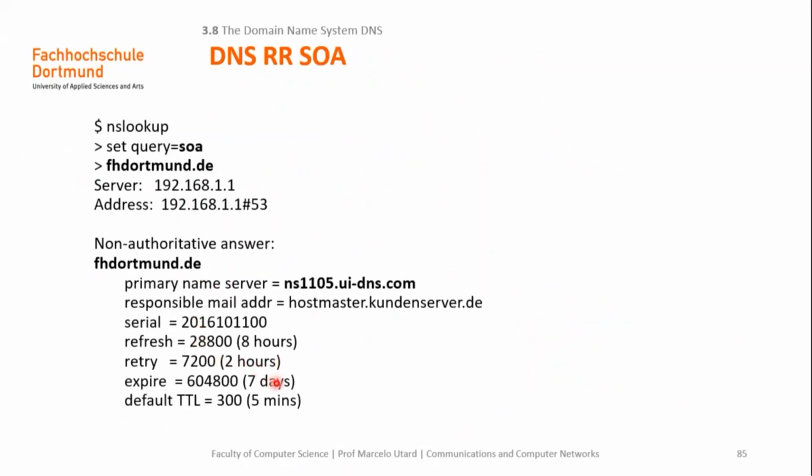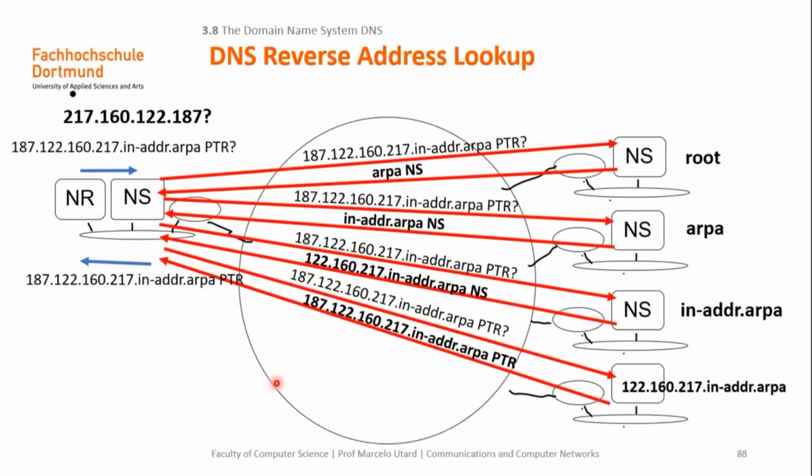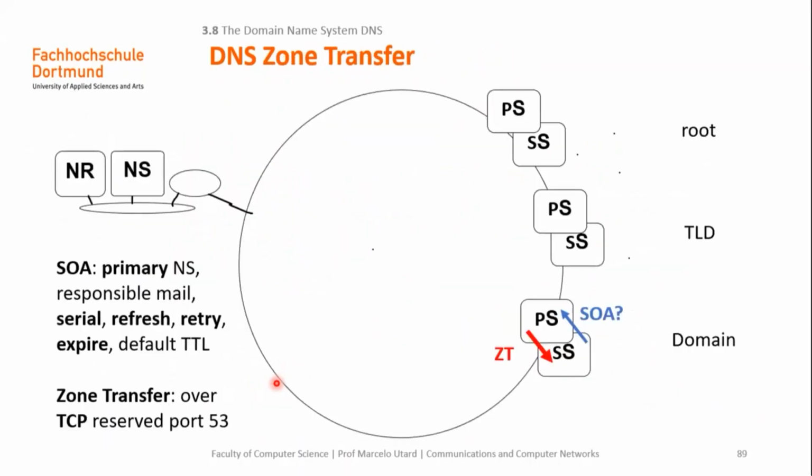The expire is 7 days. That is, if after 7 days we couldn't obtain the information of the SOA from the primary server, the secondary server will expire as an authoritative name server for the zone.